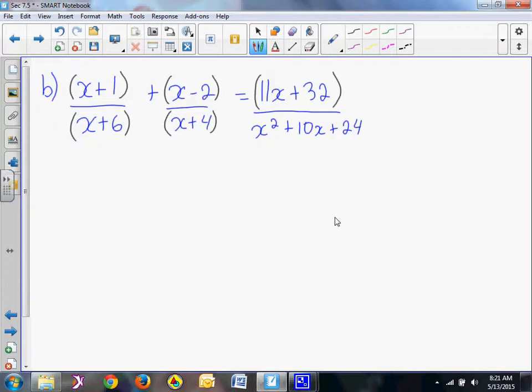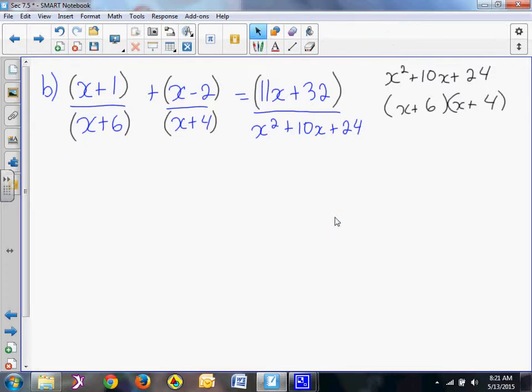But I know x squared plus 10x plus 24 will factor into x plus and x plus. So I need two numbers that multiply to 24 and add to 10. Those numbers are 6 and 4. So I'm going to rewrite my equation with my new denominator and some brackets.